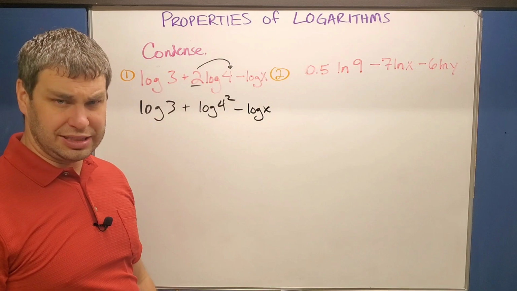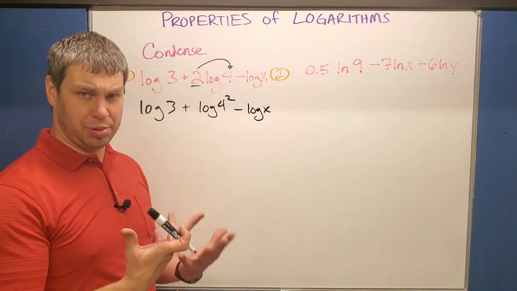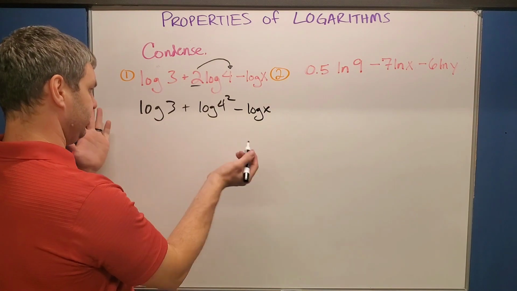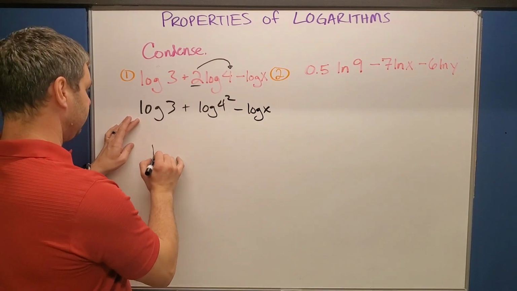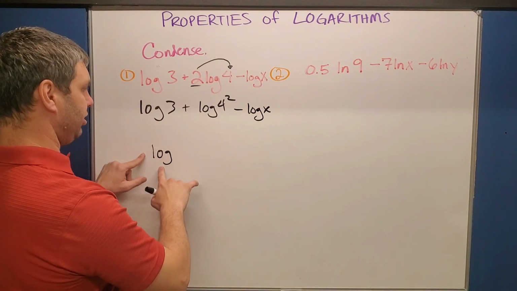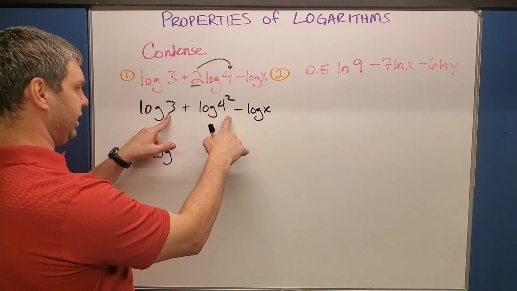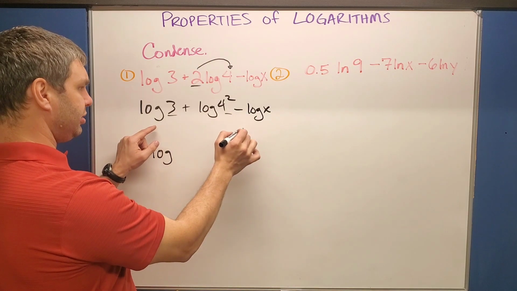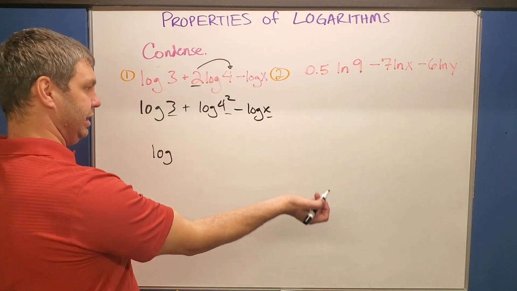After you do that, I like to make a game plan as to what we're doing. Our goal is to end with just one log. We're going to put these two together, and since it's an addition, I have to put them together with multiplication for those two parts, and then it's going to be divided by an x.